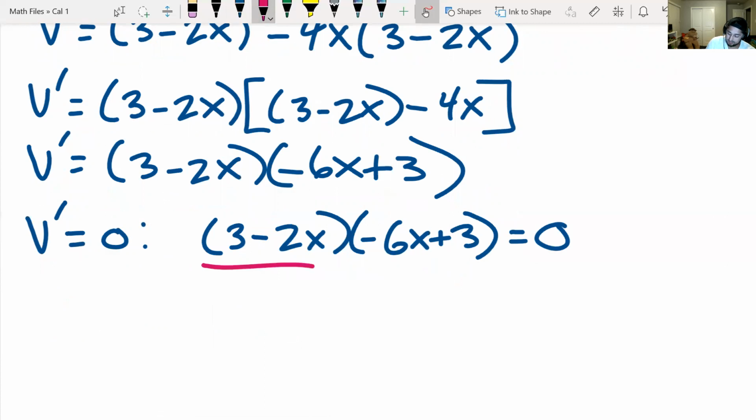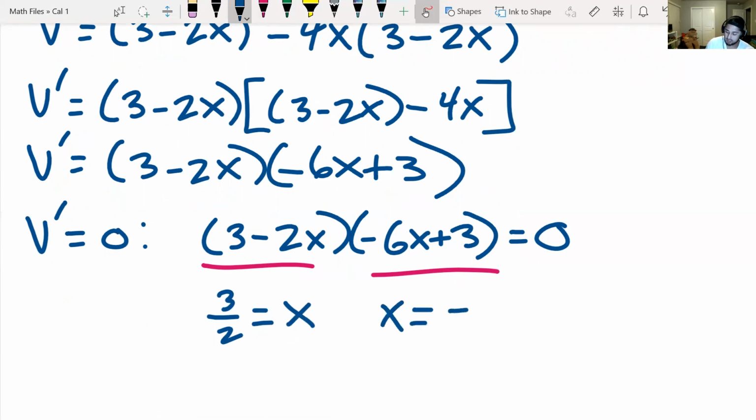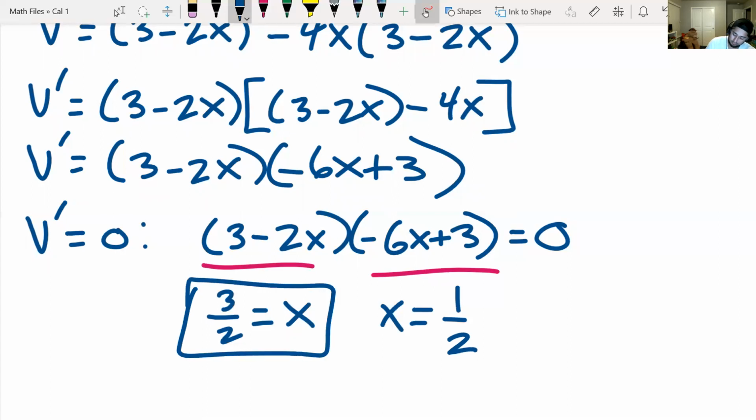Set both of these equal to 0, and you should get x equals 3/2 and x equals 1/2. And these should be in feet.